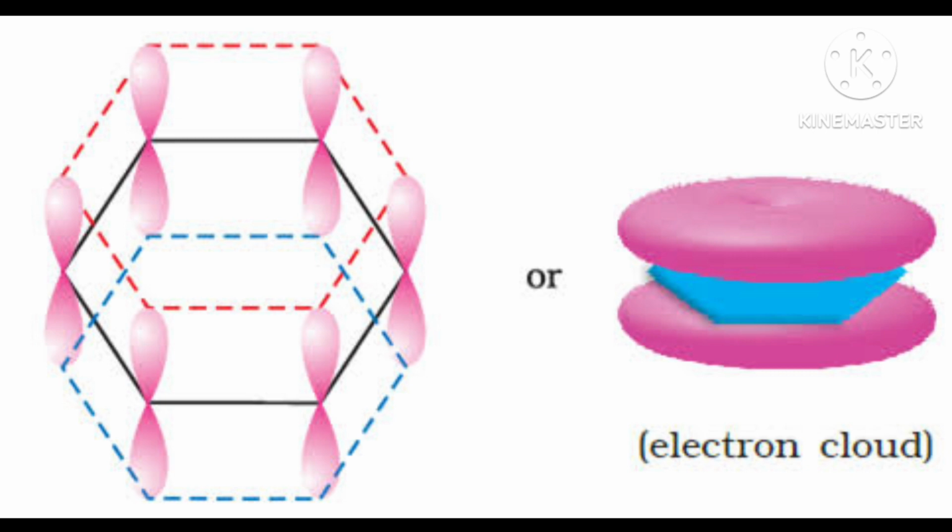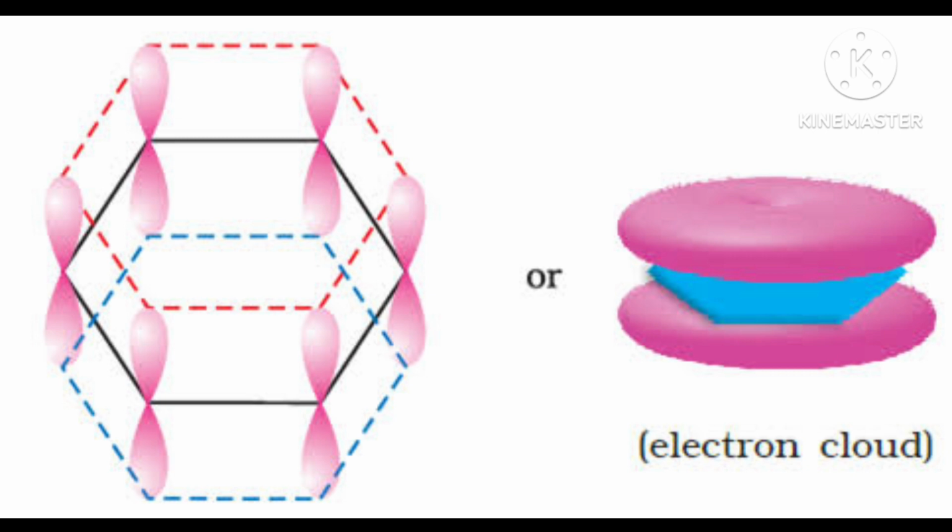Every carbon has sp2 hybridized orbitals, and one from each adjacent carbon will overlap and make a sigma bond. Then there are 6 carbons and 6 sigma bonds. This is very, very important to understand.